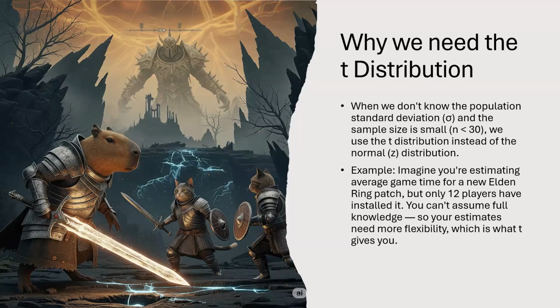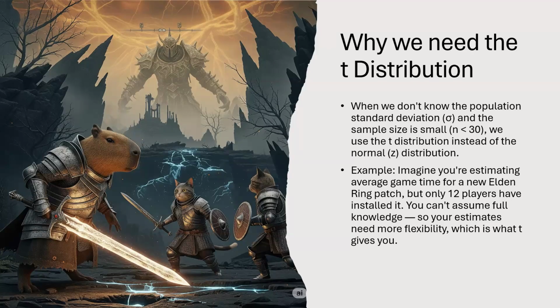Let's say From Software just released a new patch for Elden Ring, and you want to estimate the average time players are spending on the updated boss fights. But only 12 players have downloaded and played it so far. You don't have the full population standard deviation. You're just working with what those 12 people gave you.